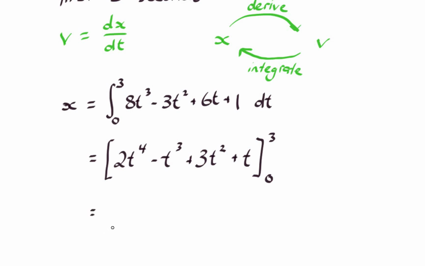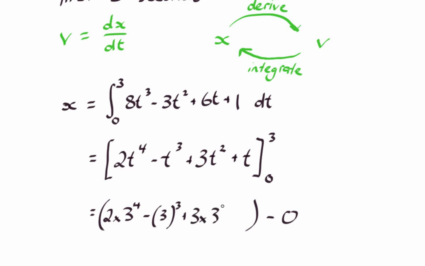Now when we substitute in, once again, when we substitute in the 0, that's just going to give us 0 at the end here. So we're really just worried about what's happening when we substitute in t equals 3. So we have 2 lots of 3 to the 4 minus 3 cubed plus 3 lots of 3 squared and plus another 3.